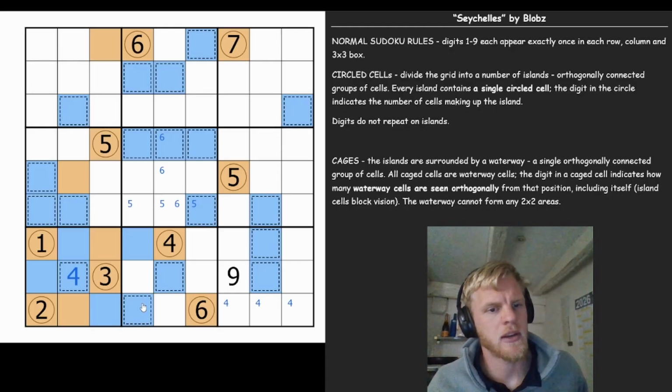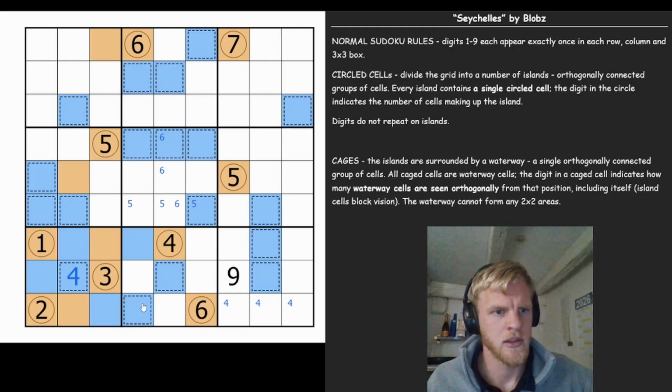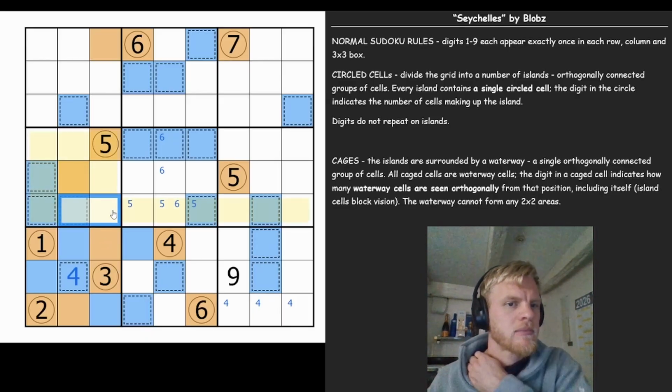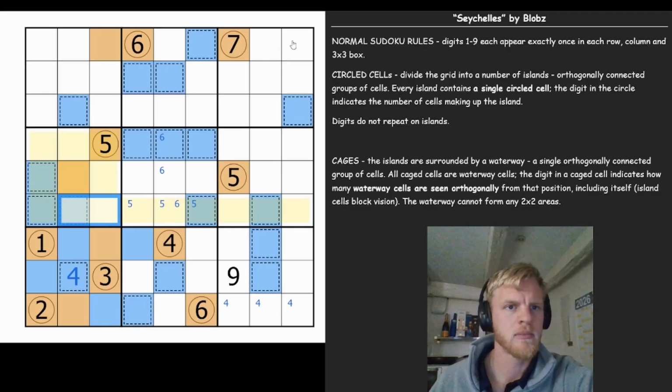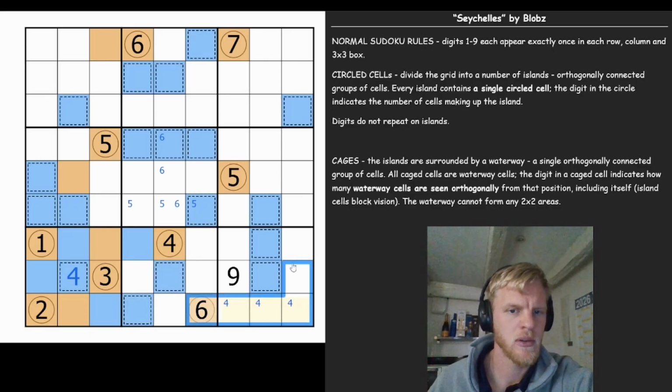How to find out if this expands to the right, or which other caged cell is sort of limited. The 6 could go all the way around here.